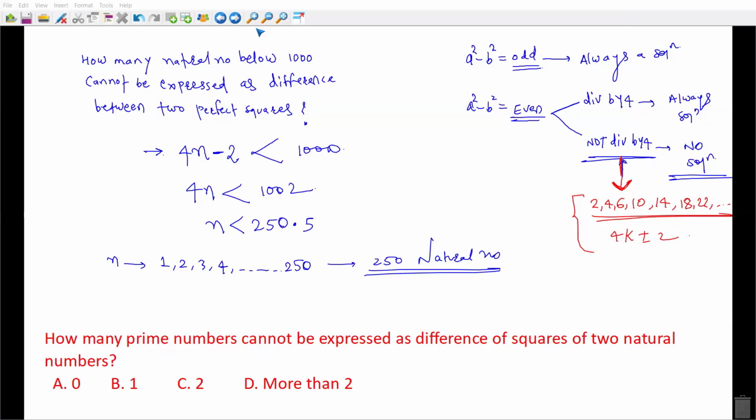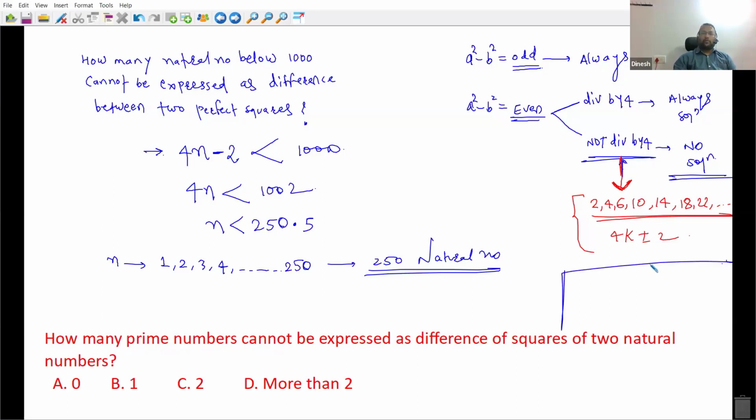Sir, so if we use 0, we can use 4n plus 2. If we include 0, hold on. Over here, look here. Over here, we cannot include 0 because it becomes a negative number. But when you consider 4n plus 2, over here 0 is acceptable because it will result into 2.